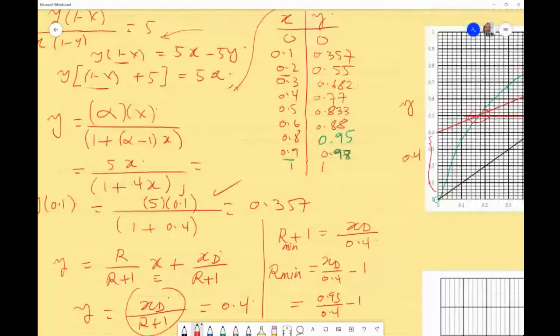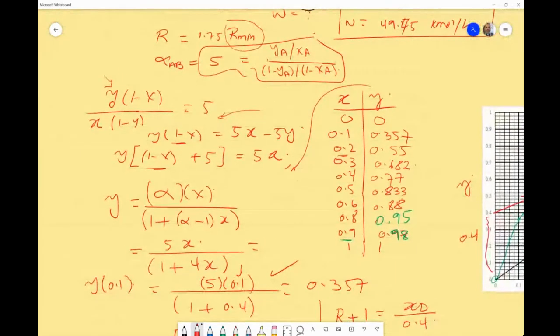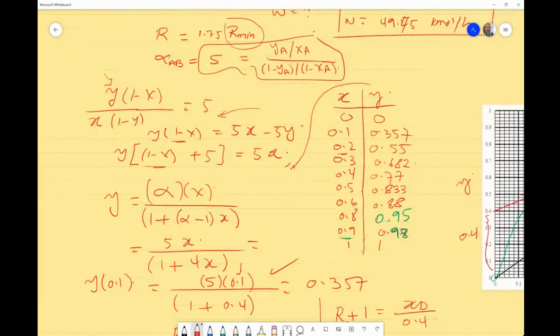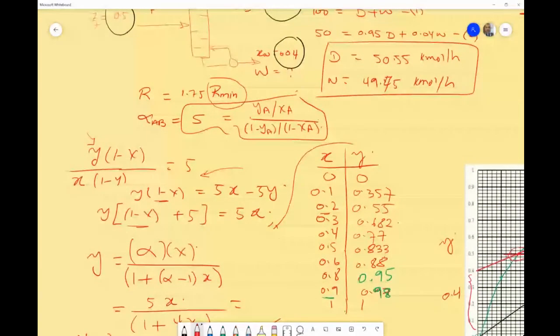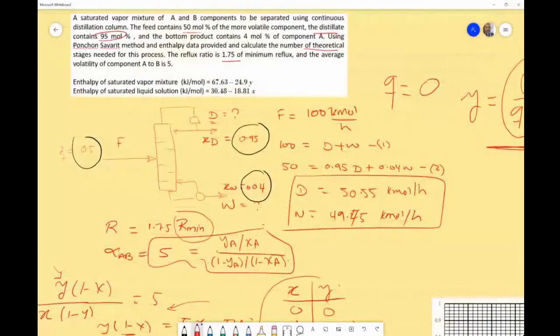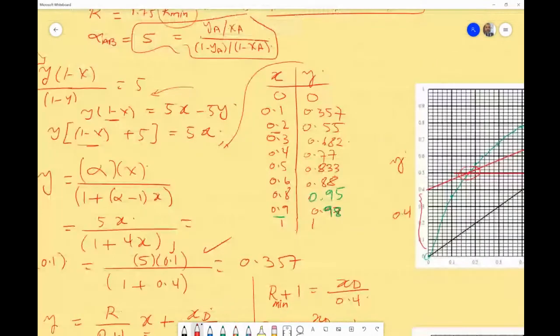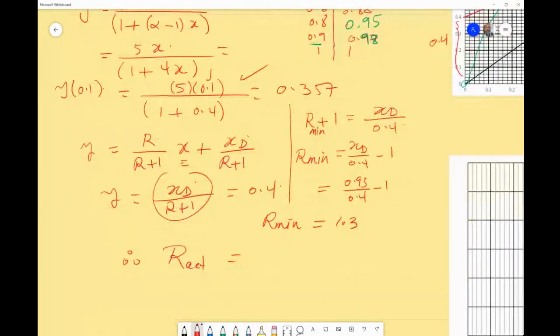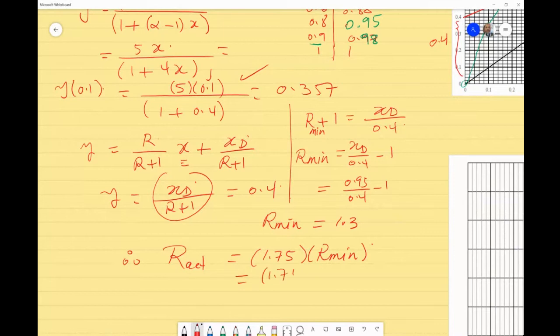It is 1.75 times the minimum. This is given in the statement here. So all I have to do is take 1.75 times R minimum, which means it's going to be 1.75 multiplied by 1.3.